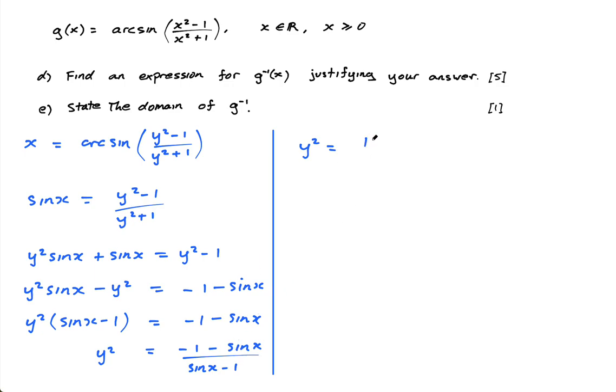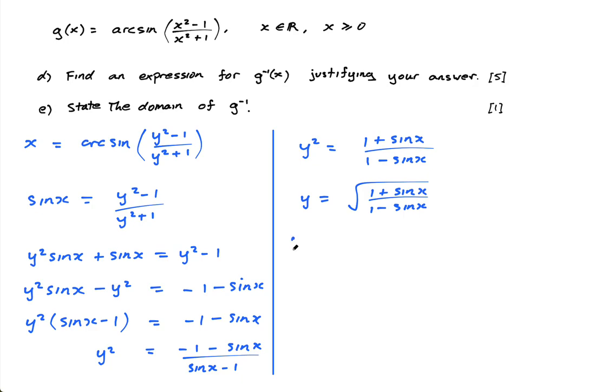That way I have 1 plus sine x over 1 minus sine x. And then we say y is equal to the square root of 1 plus sine x over 1 minus sine x.